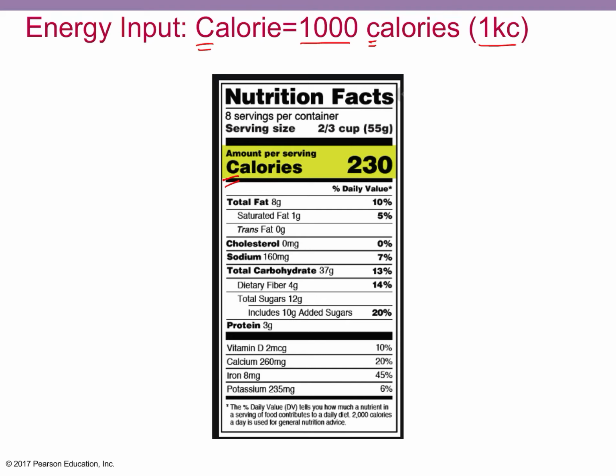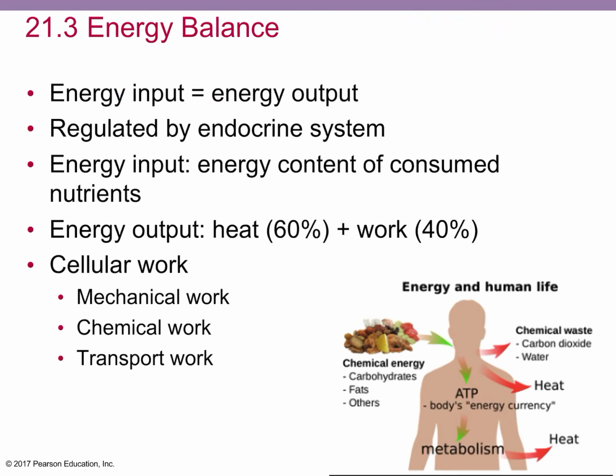So if we look at what's going on here, let's look at energy input. We know that we absorb our nutrients, coming into the bloodstream from our GI tract. Then our cells transport those monomers into them, and we'll use those in different ways, primarily through cellular respiration to make ATP. Energy out, right?